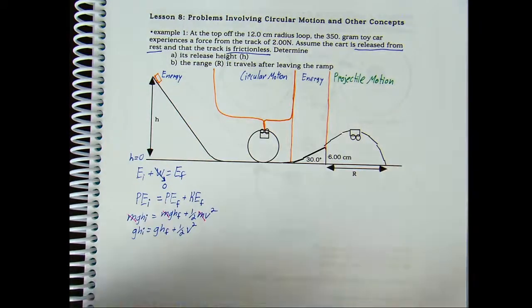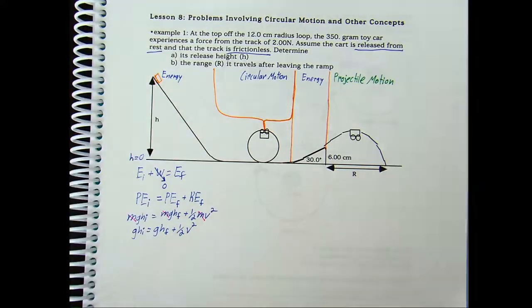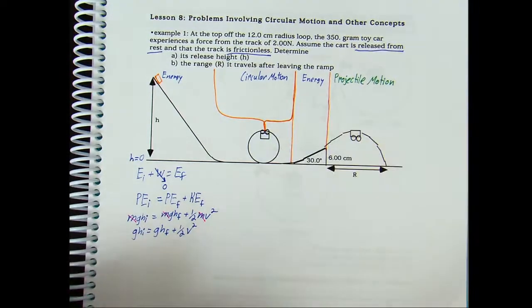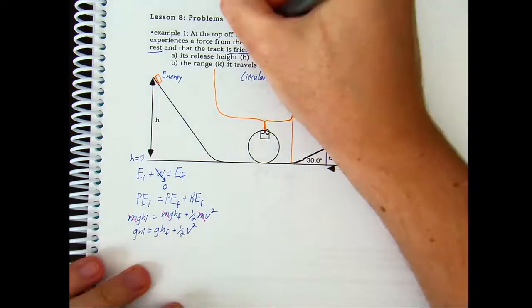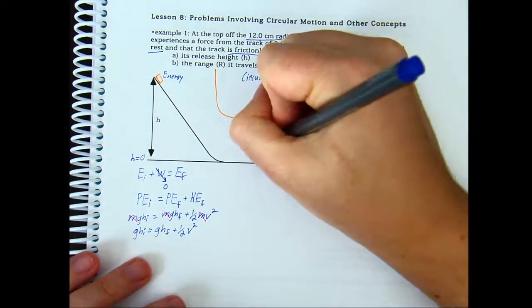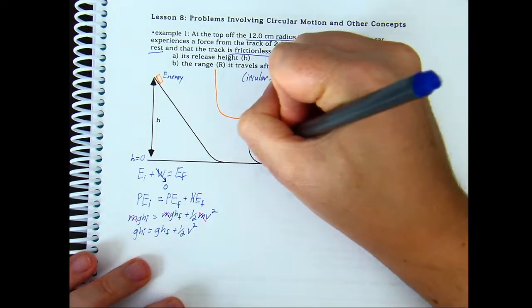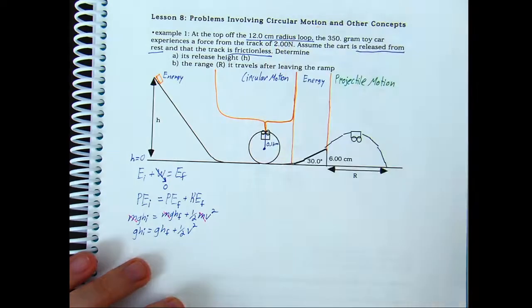We know what g is. g is 9.8. We're looking for the initial height here. We know actually the height of this guy, believe it or not, because we are told that this track has a 12 centimeter radius loop, which means the distance from here to here is 0.12 meters.